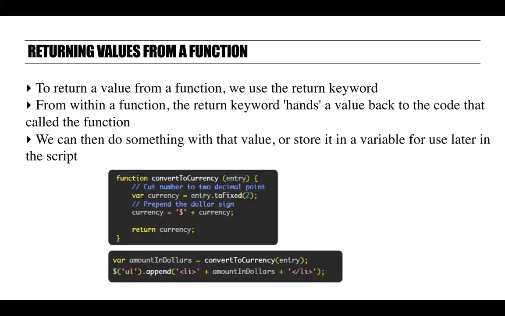And then we're just going to add a dollar sign to it. So then once we're here, we're returning the dollar sign and then the current value of it. And here we have this var amount in dollars, and we're using this function with the entry. So now this amount in dollars is going to hold on to whatever this evaluated to.